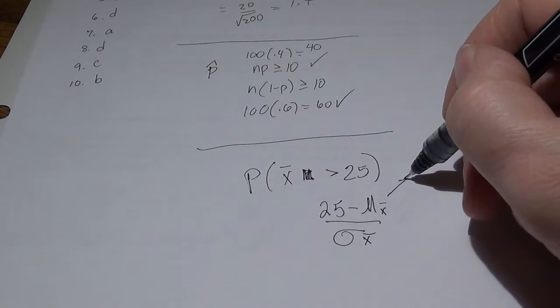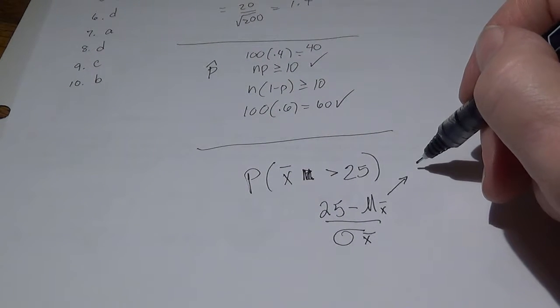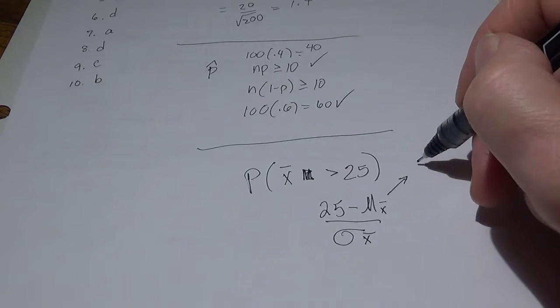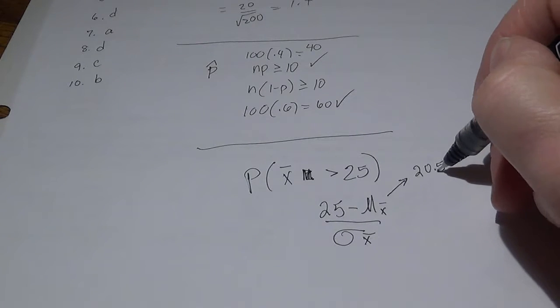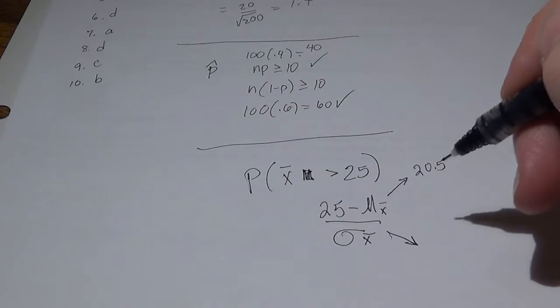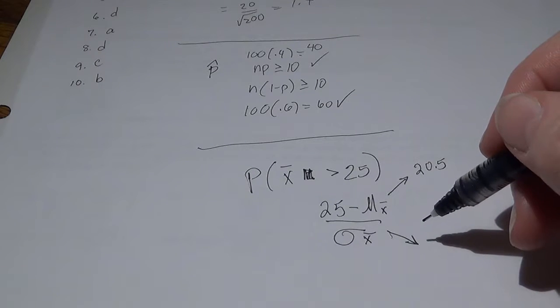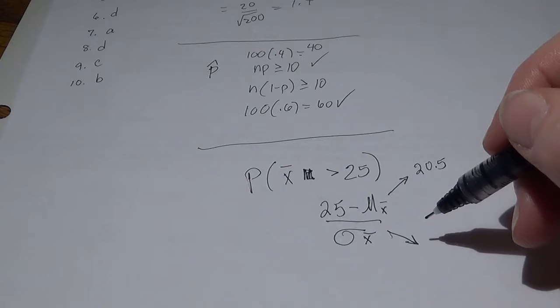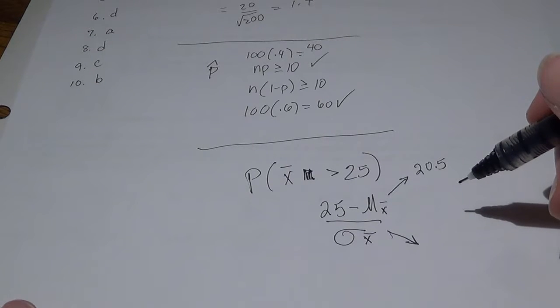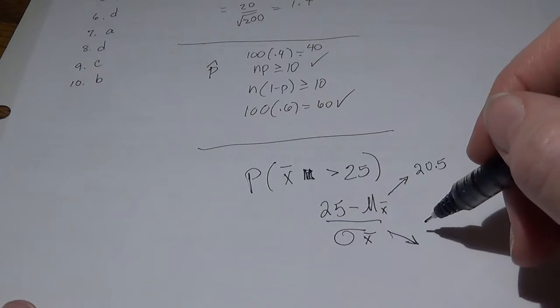So working on that, the mean is the same as the population mean, which is 20.5. And we can work on that if 10n is less than or equal to big N. So we're in a large metropolitan area, so 40 times 10, I'm sorry, 400 is less than the whole population of a metropolitan area.